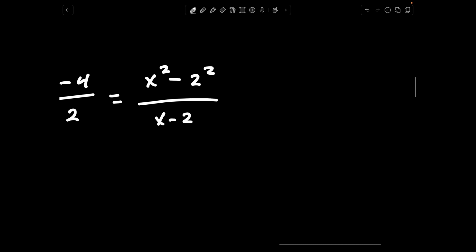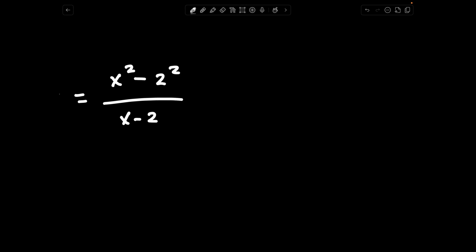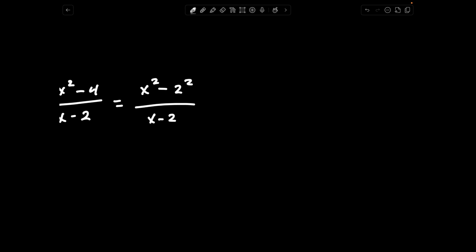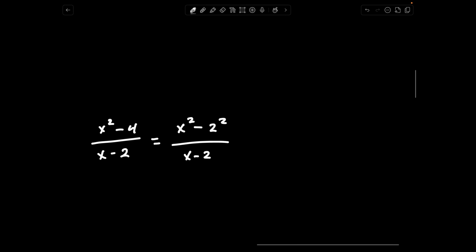Which I can then rewrite using the same formula, which I will add up here.